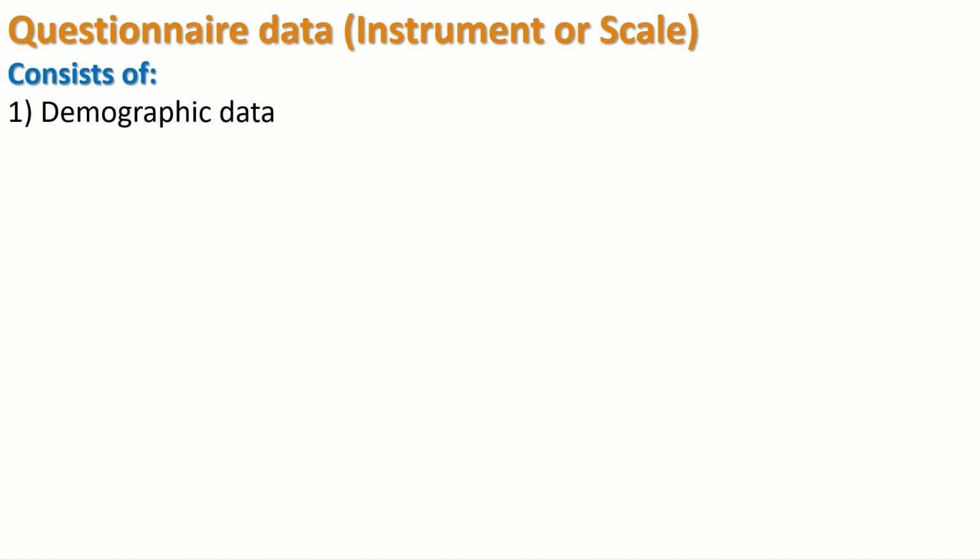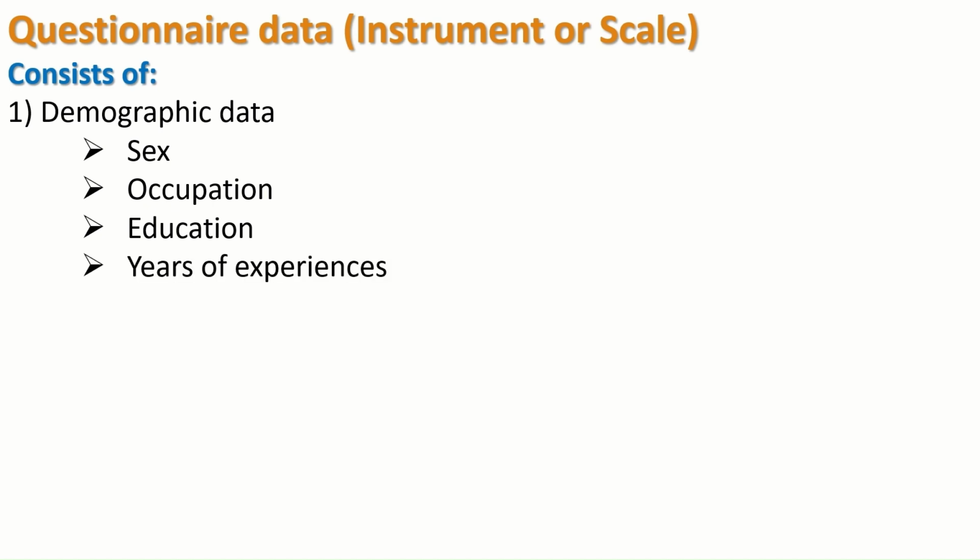The first part is demographic data, data collected from the participant regarding their gender, what kind of occupation they are performing, what education level they have, years of experience in a certain job, how many members of their family, and other data. So the first section is demographic data related to the participant details.